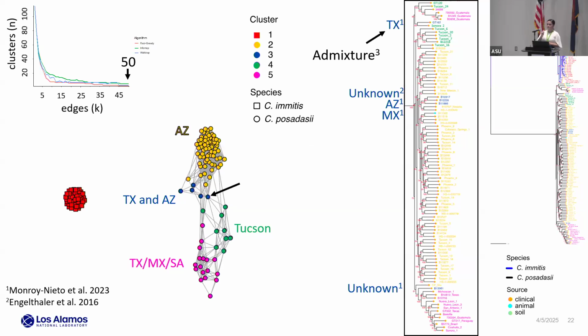And in the paper that published the admixture results, that individual possessed a greater amount of admixture between Arizona and the Texas, Mexico, and South America populations. And so I think it makes sense that these subclusters are grouping in between Arizona and Texas, Mexico, and South America because they represent a more admixed group instead of grouping very closely with each end of the Posadasii network.